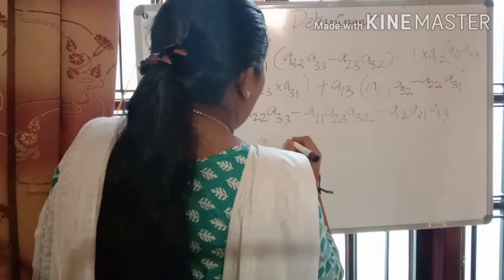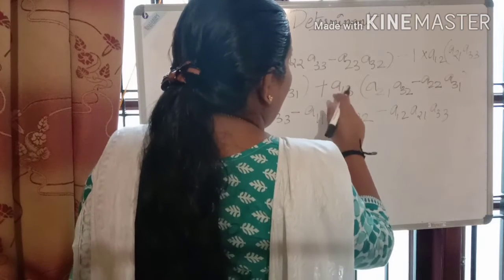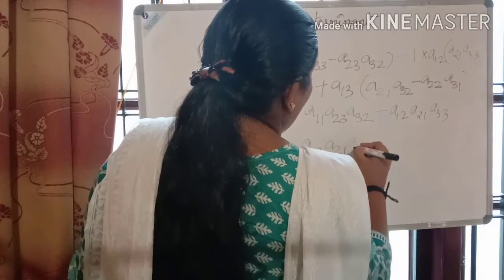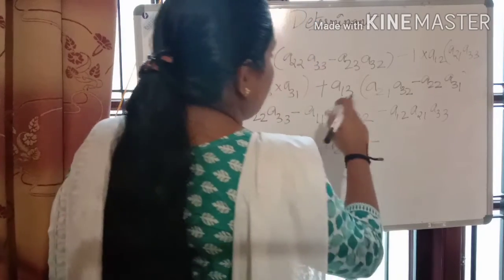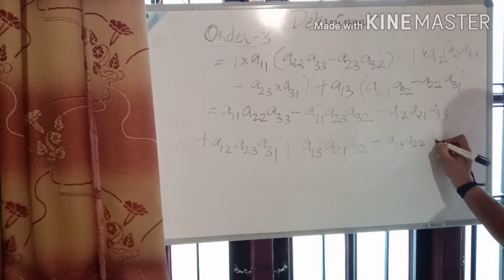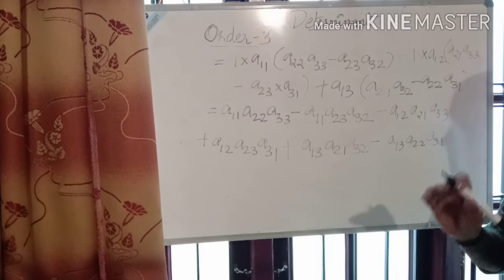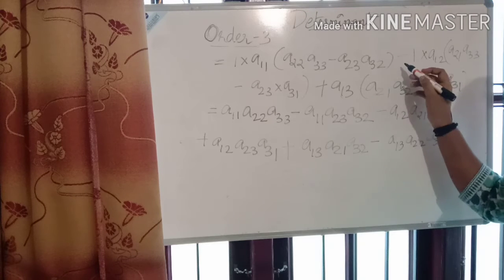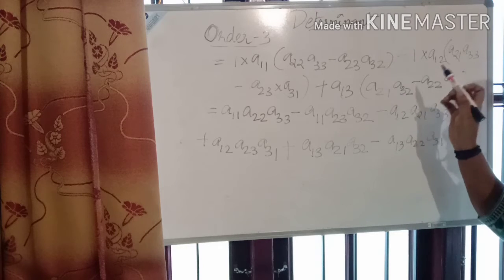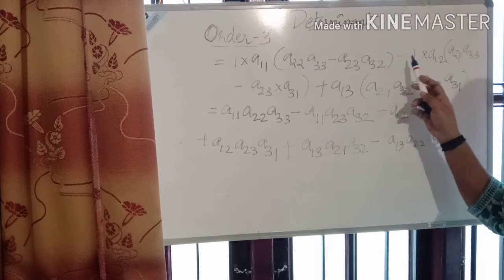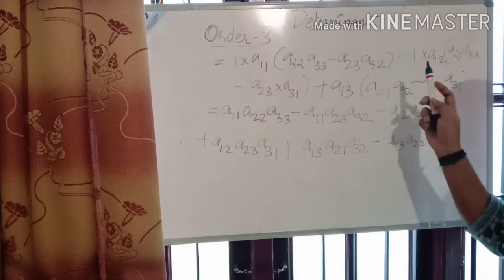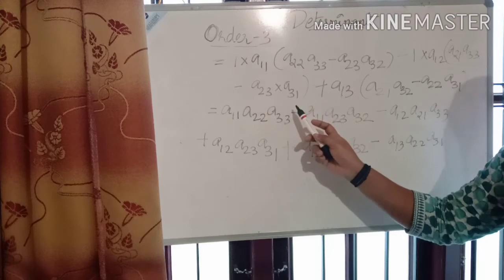Then plus A13 A21 A32 minus A13 A22 A31. Students, pay attention to this part because the negative sign is in the middle. Remember to apply this minus to everything inside the bracket.